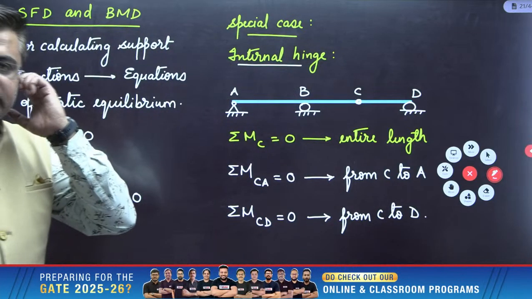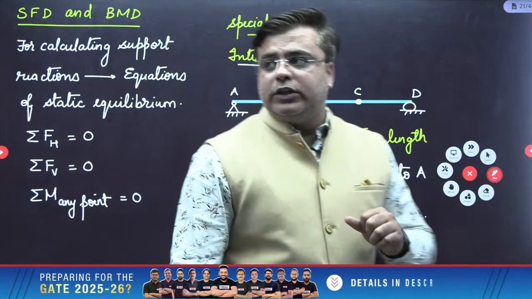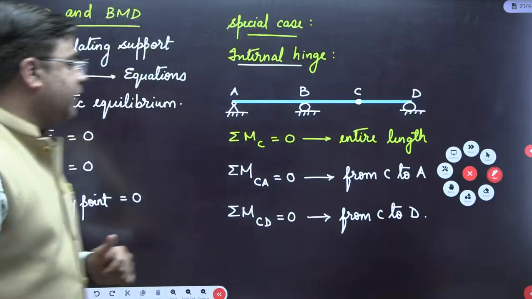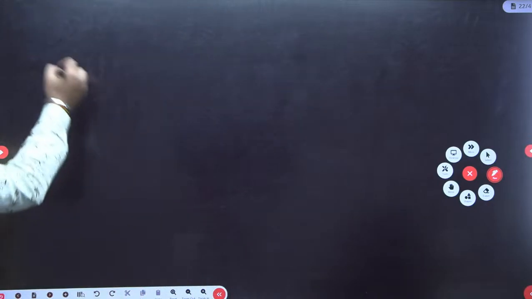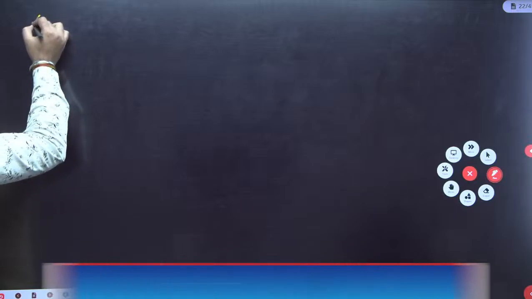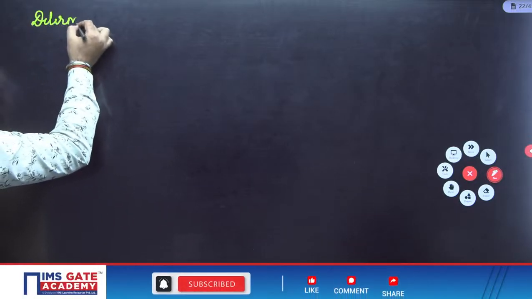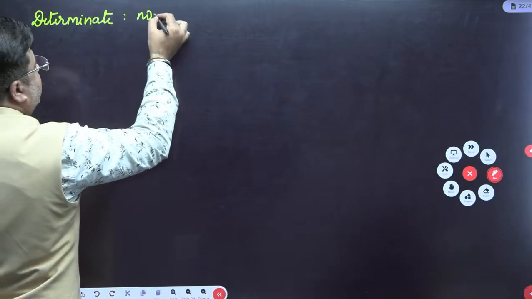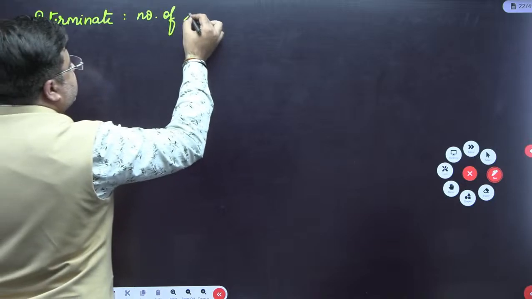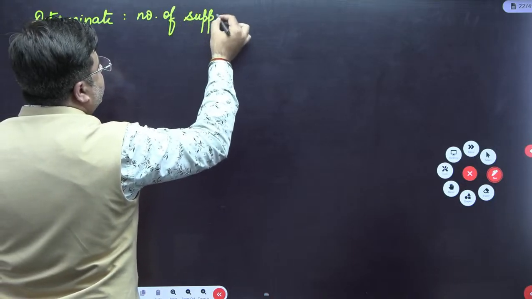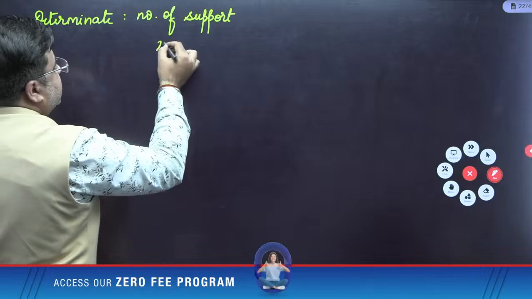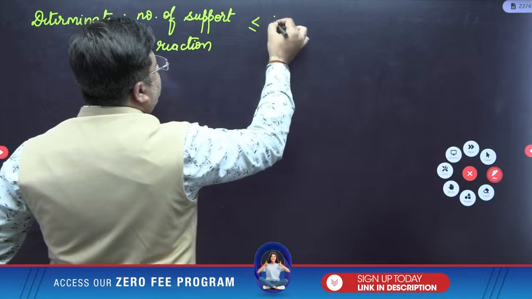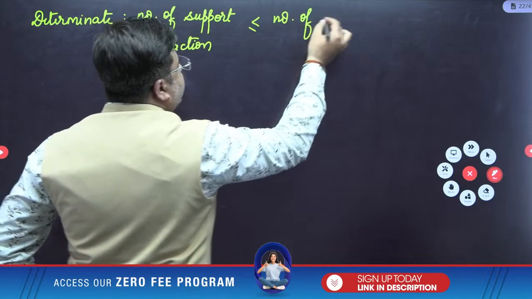Last year in mechanical engineering we had one question where they asked which of the following structures is determinate or indeterminate. Now sir, how to decide that? If the structure is statically determinate, it means that the number of support reactions are less than or equal to the number of equilibrium equations.